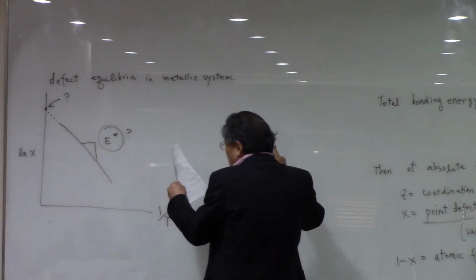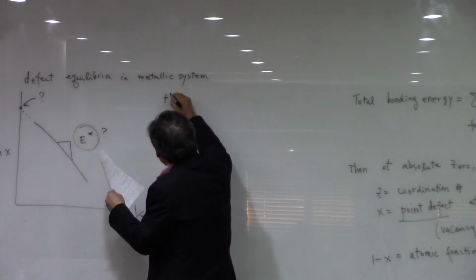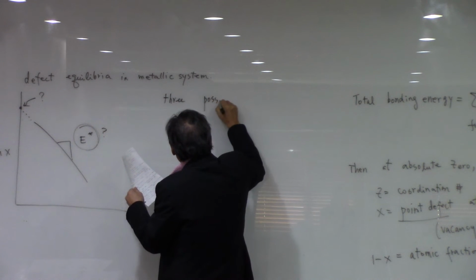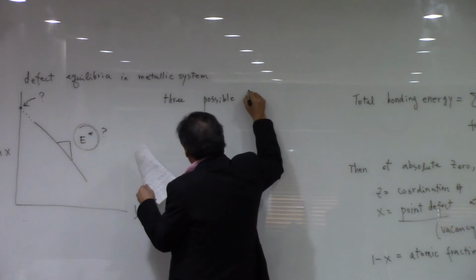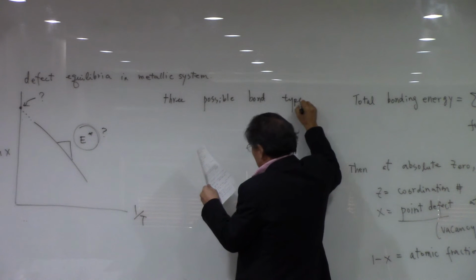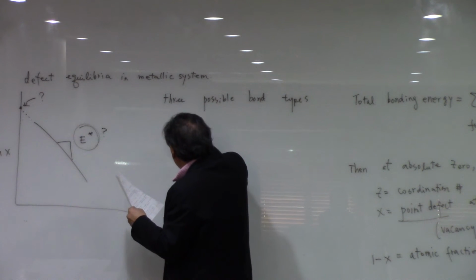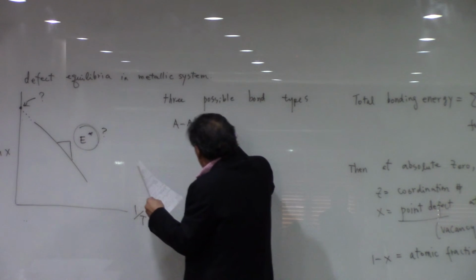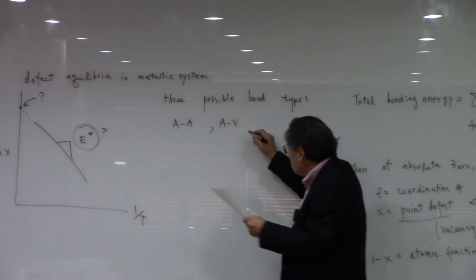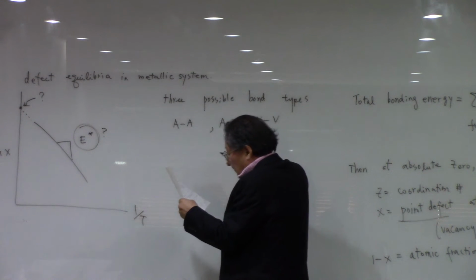Then 3 possible bonding states. Let me continue. 3 possible bonding types available in the system are going to be AA and AV, where the point defects are the vacancies, and then VV, right?